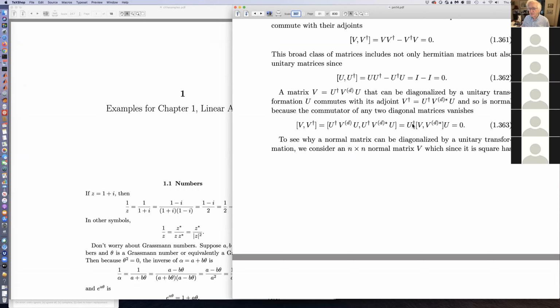And you wind up with U dagger, the commutator of V diagonal with, whoops, there's a typo here. That should be V diagonal dagger in 1.363, so I've got to fix that. This is V diagonal, and these obviously commute because any two diagonal matrices commute, and so you get 0.